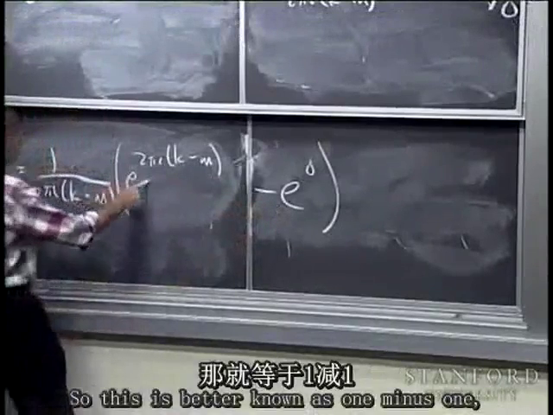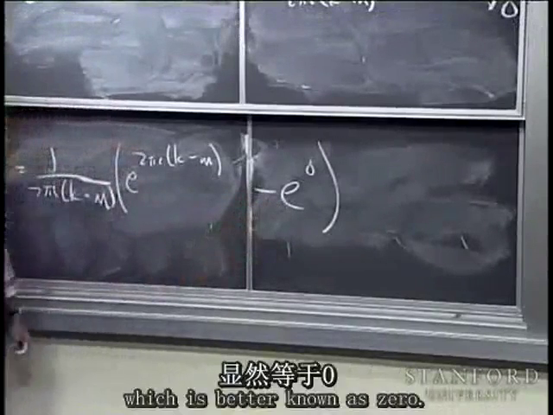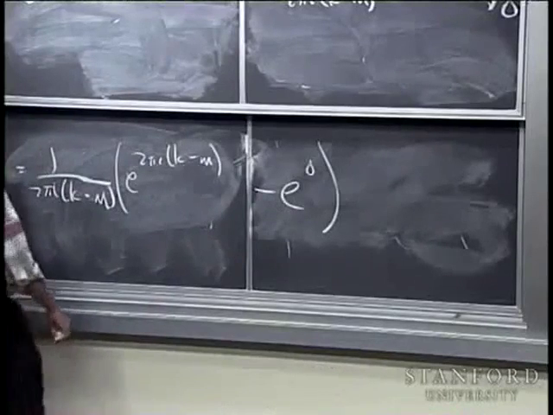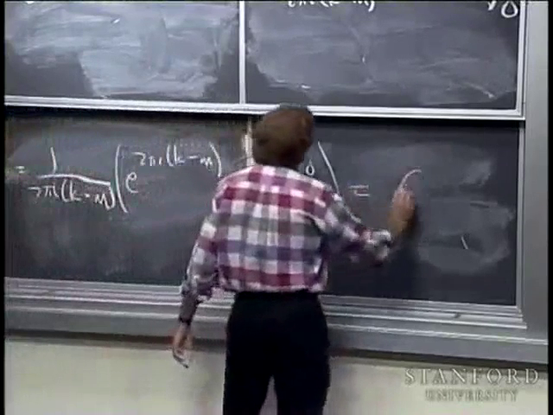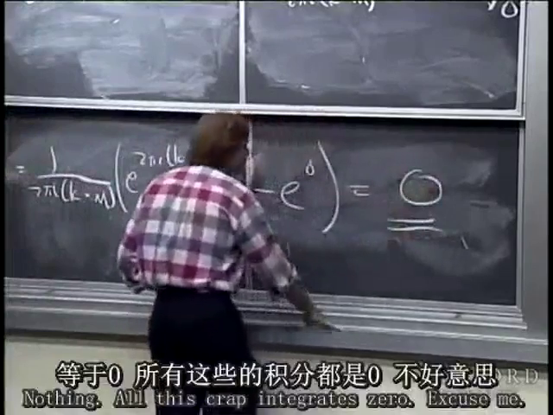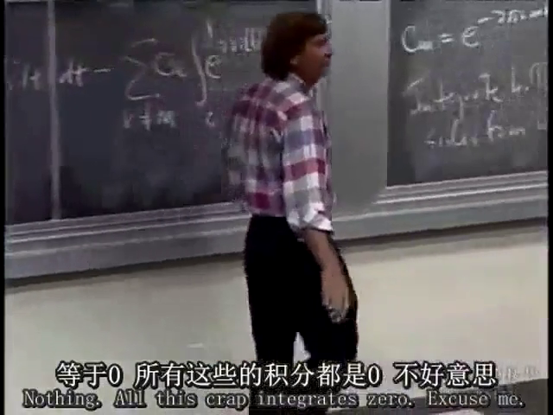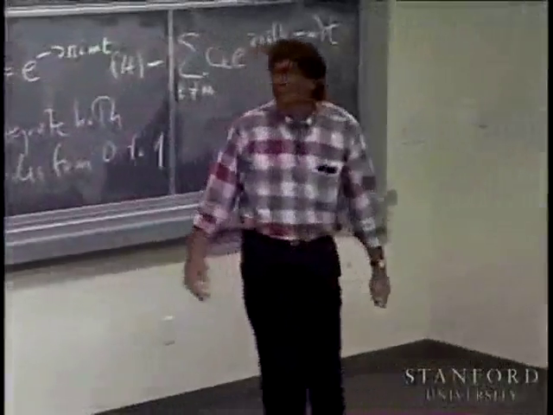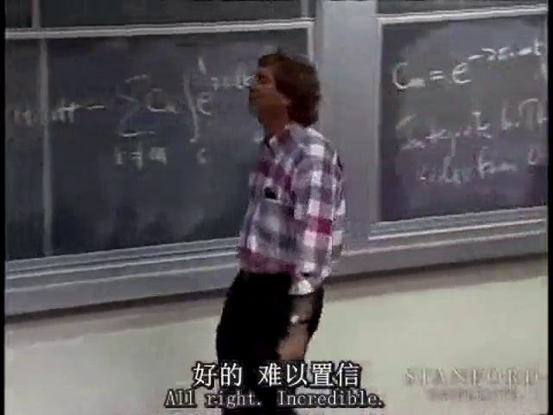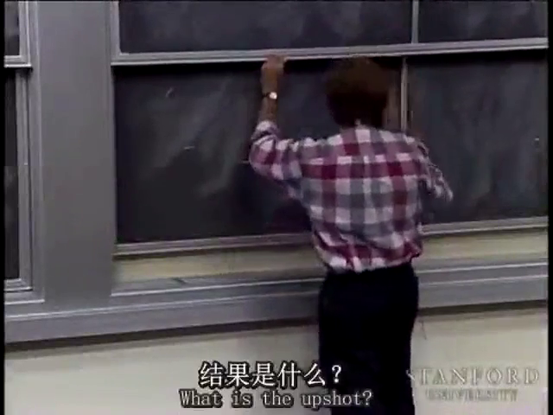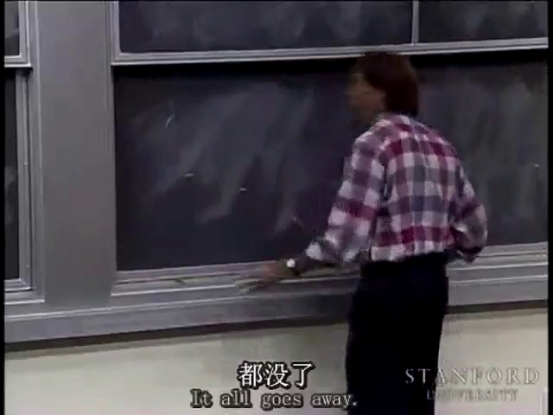So this is 1 minus 1, which is better known as 0. All this integrates to 0. Incredible.